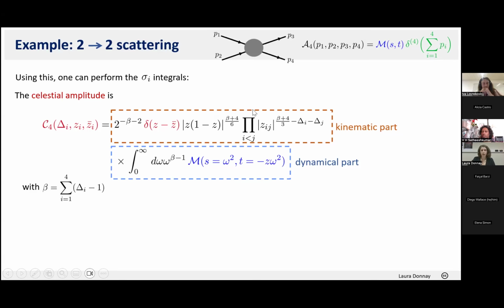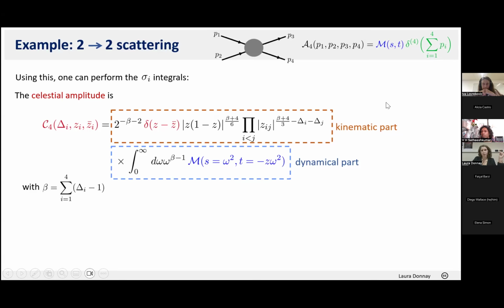Okay, so this is what this change of variable is also implementing in a nice way: this piece here doesn't depend on the details of the amplitude you're looking at.